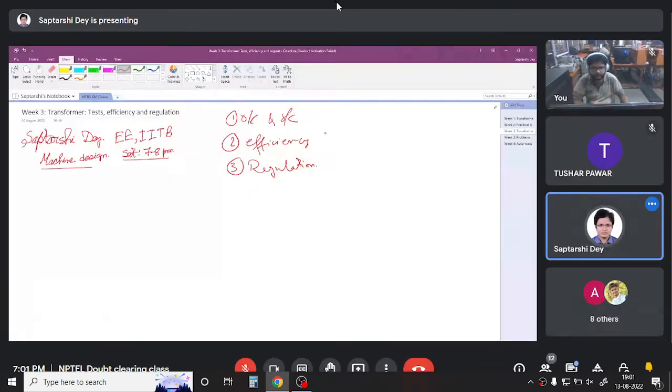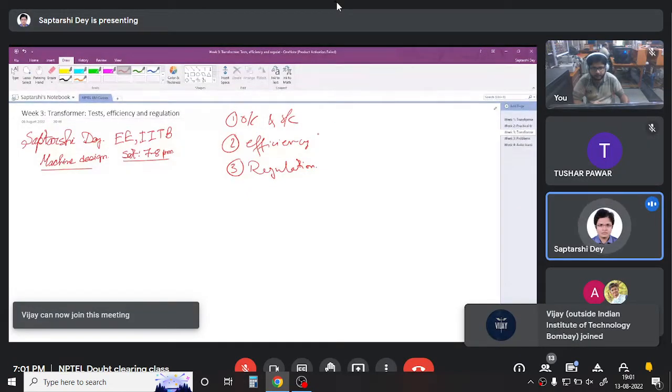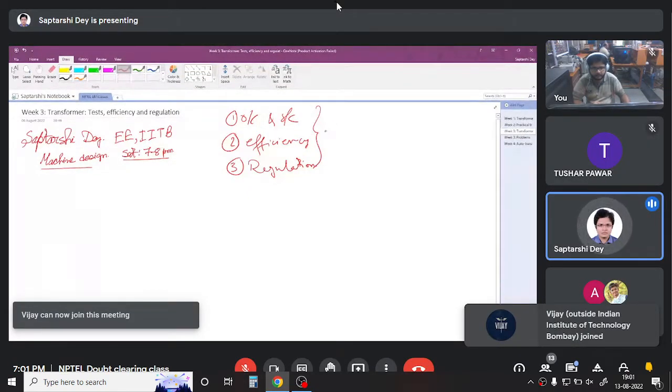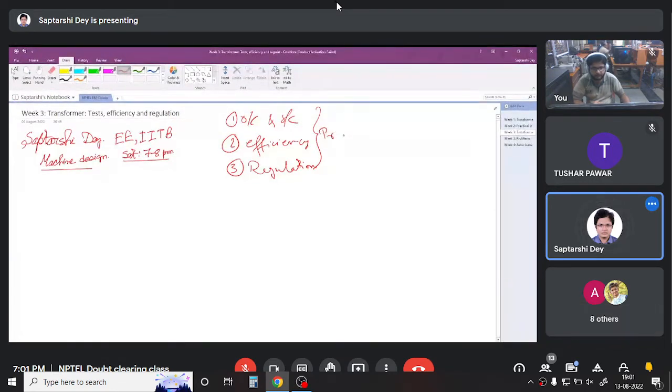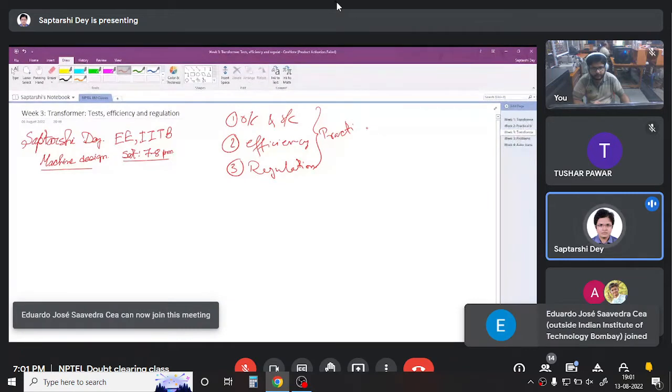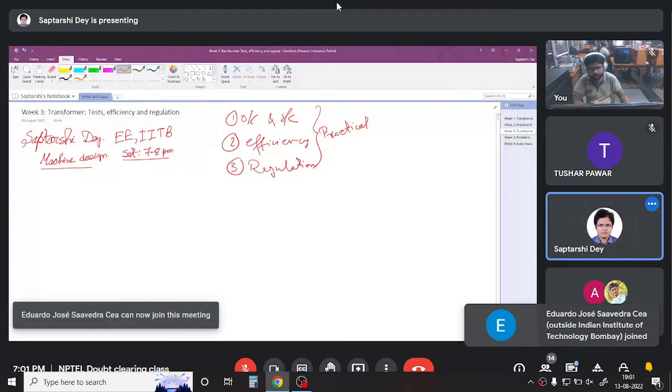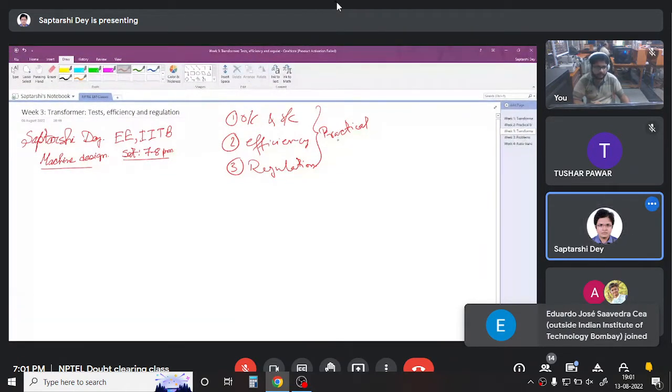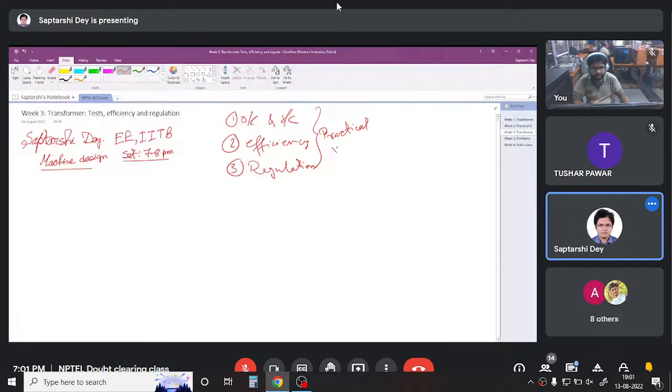Now you can understand that all these topics are pertinent to practical transformers only, not ideal transformers. These things are not relevant in an ideal transformer.